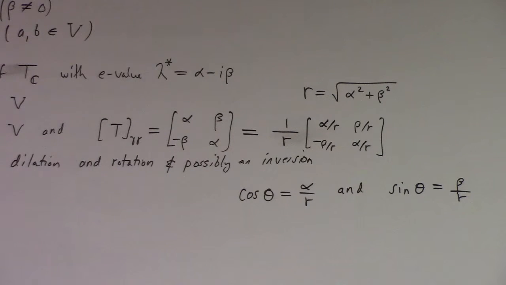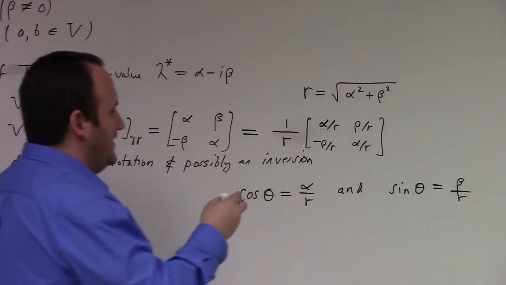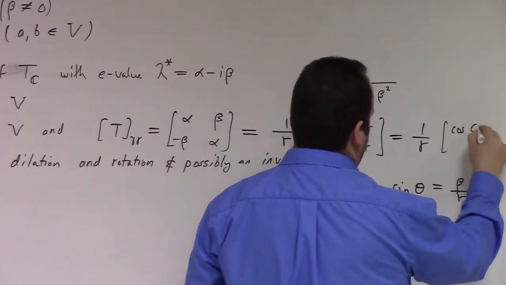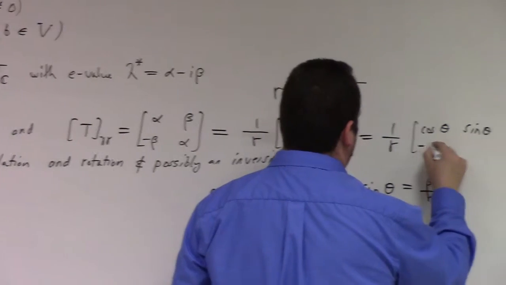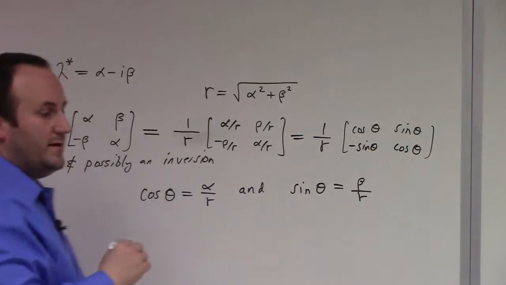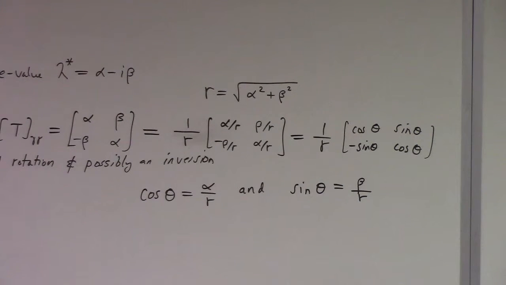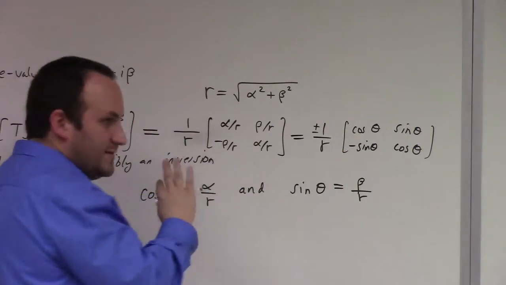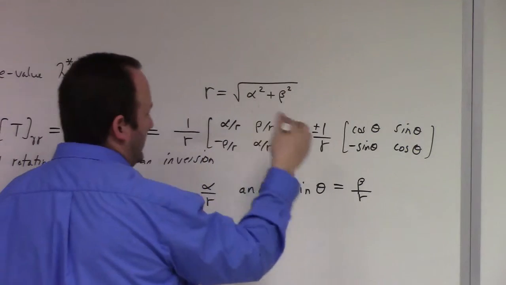The thing is, I might not be able to do this because if this actually has the form 1 over r, cosine theta, sine theta, minus sine theta, cosine theta, like I'm arguing, I'm not sure I can assign a thing. I might have to put a minus out front in order to make it work. To be fair, you have to put a plus or a minus out here, or you could say r is plus or minus.